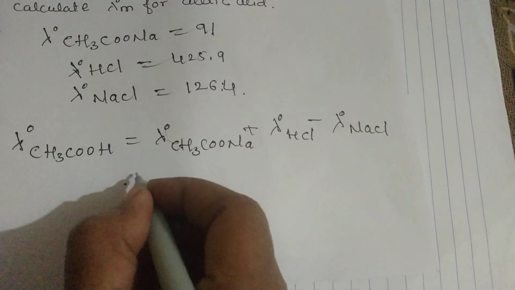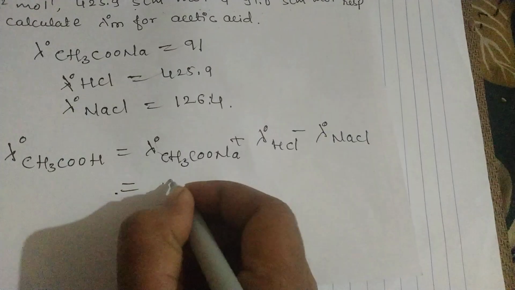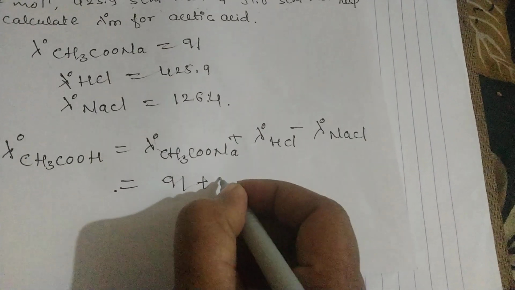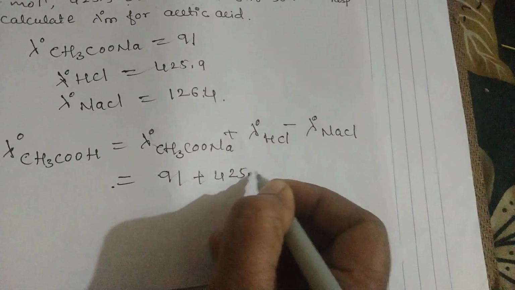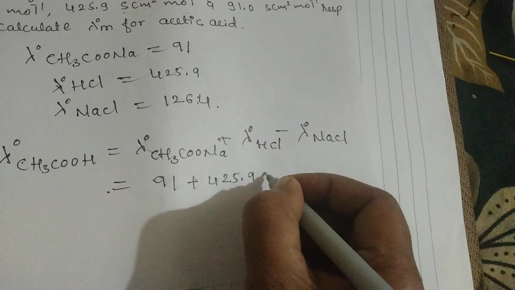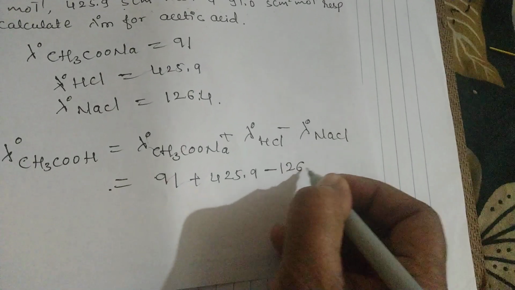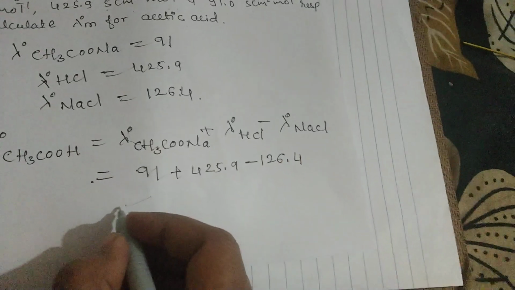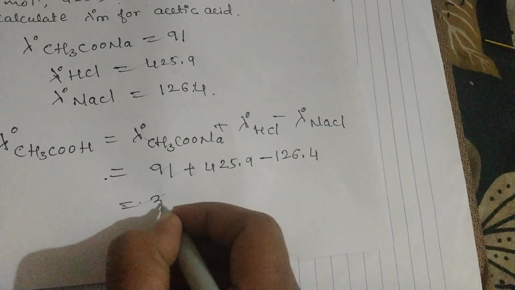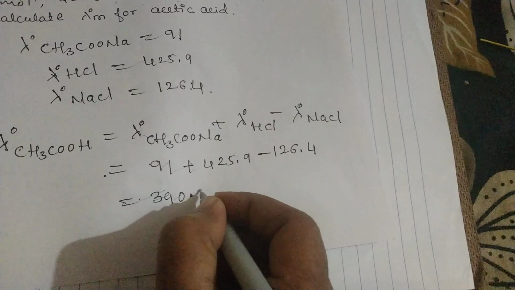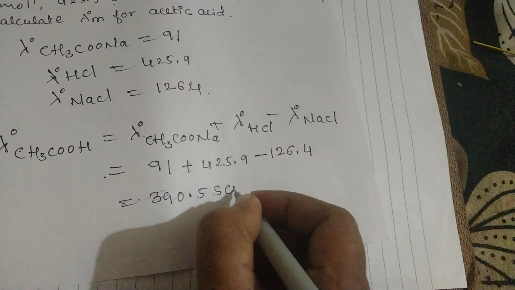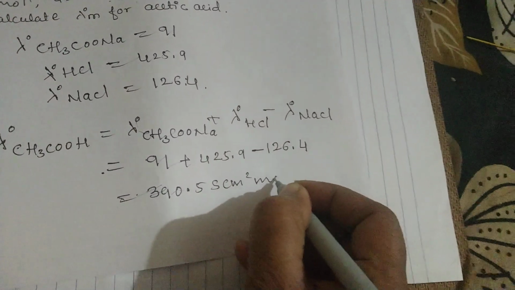Now directly substitute the values: 91 plus 425.9 minus 126.4. After calculating you will get 390.5 Siemens centimeter square per mole.